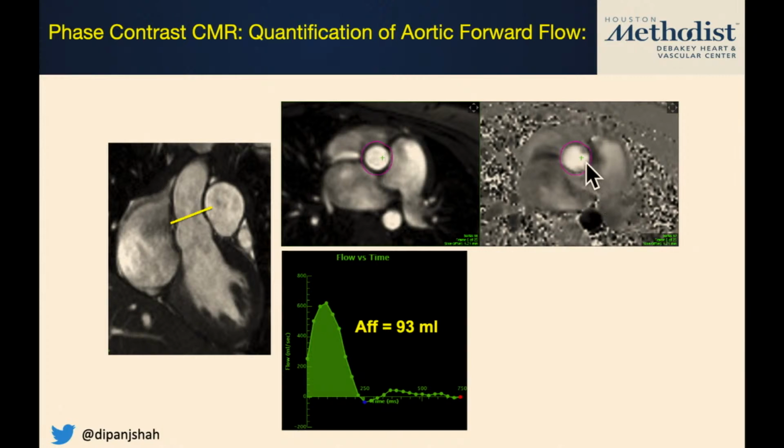So we know that these are flows going in opposite directions. In addition, the intensity of the color, whether white or black, is encoded based on how high the velocity is.